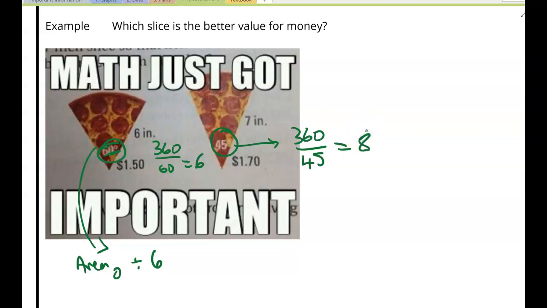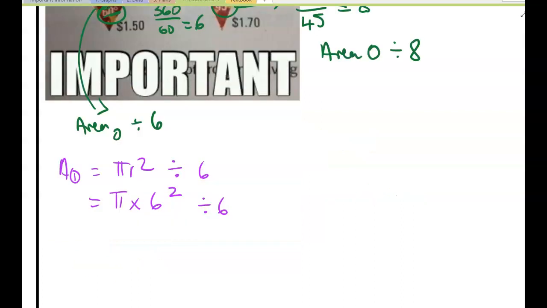Is it 8? Yes, 8. So here we want the area of the circle divided by 8. And I guess the point is, which one gives you the biggest area? Because that's giving you the biggest amount of pizza, but then relate that back to the cost.